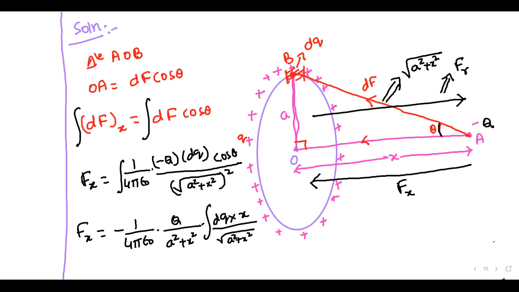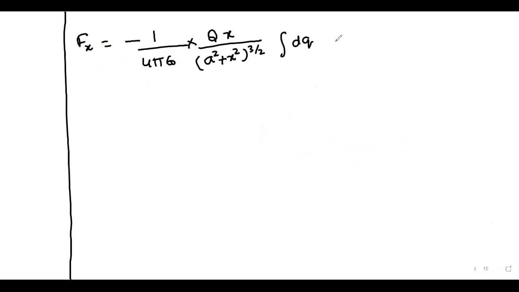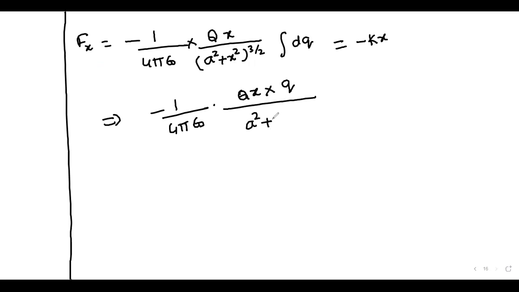From the fundamentals of mechanics, the restoring force we can write as minus kx, because x is the separation distance of the two particles. So that implies minus 1 by 4 pi epsilon naught times qx, integral dq means Q, upon a square plus x square whole power 3 by 2 is equal to minus kx.